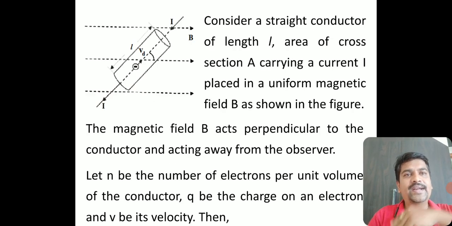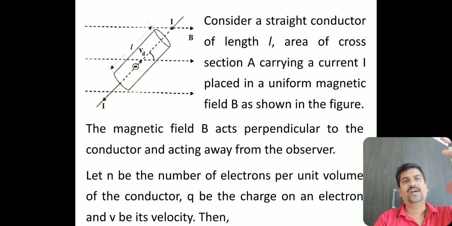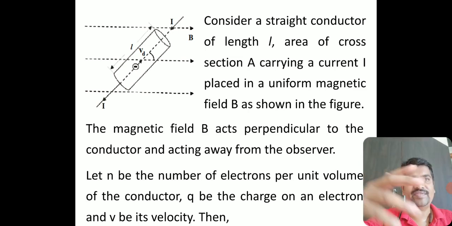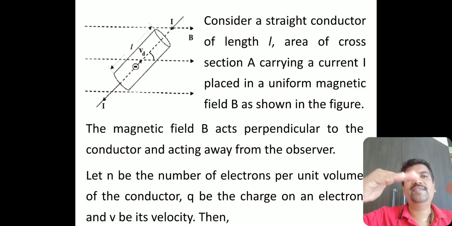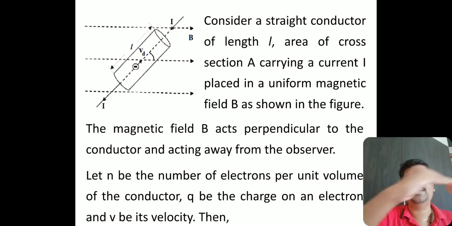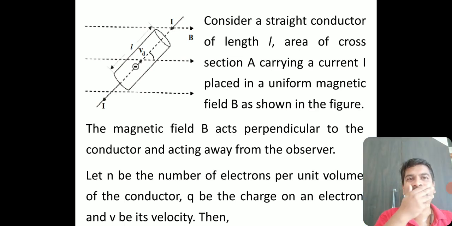Let me take a conductor of length L and area of cross section A, which carries a current I and is placed in a uniform magnetic field B as shown in the figure. Look at the figure. The magnetic field is perpendicular to the conductor and is acting away from the observer.